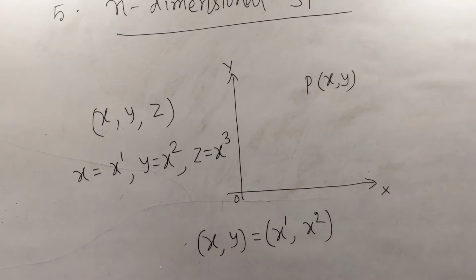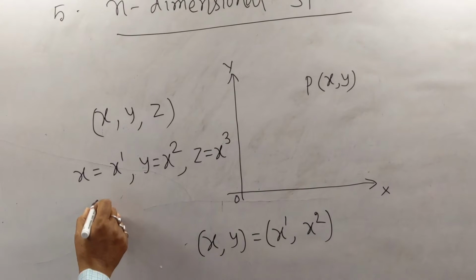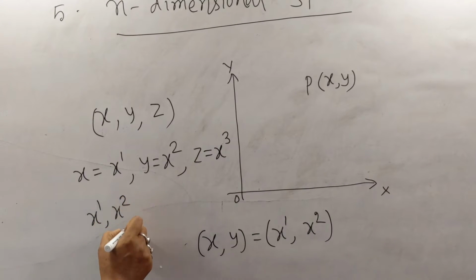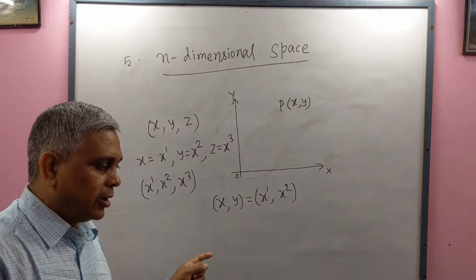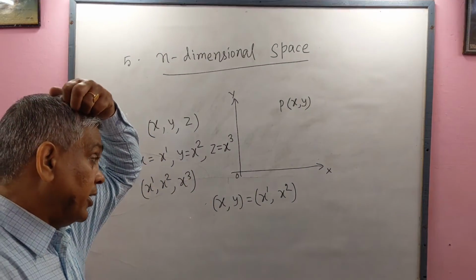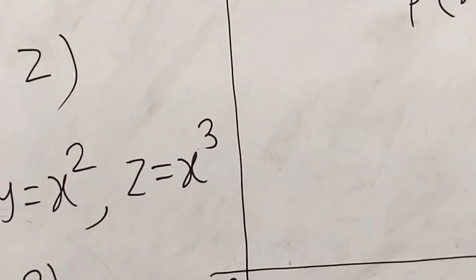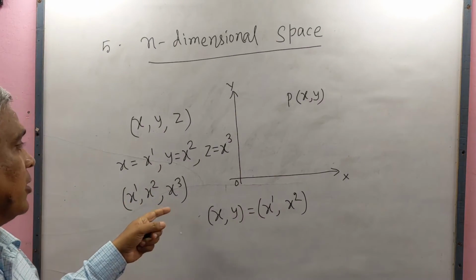So, the point P is denoted by the coordinates (x1, x2, x3). Similarly, we may extend our tuples.